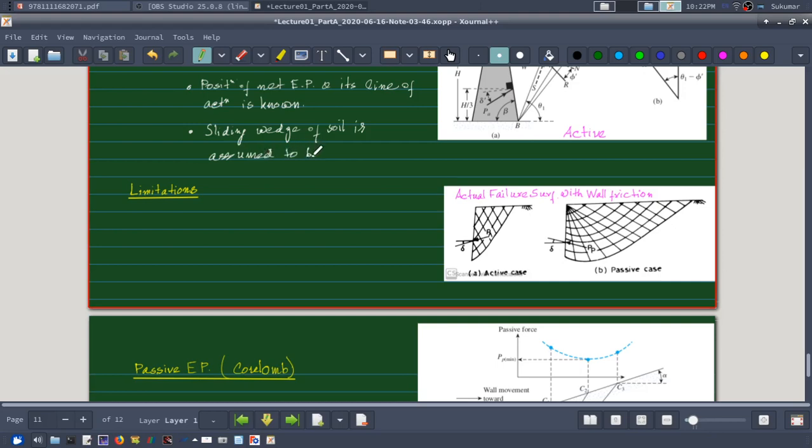To be rigid. And the next assumption is, let me add a little space.